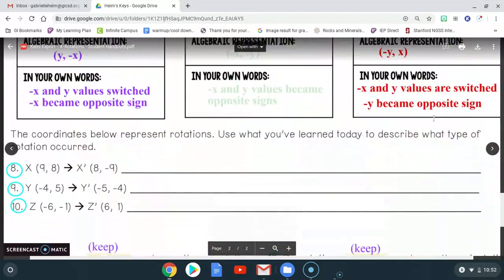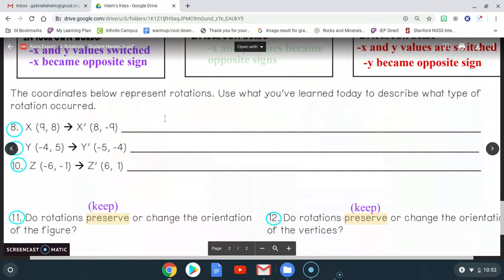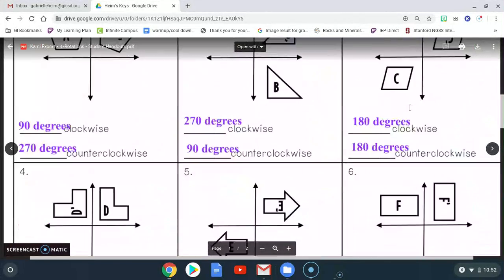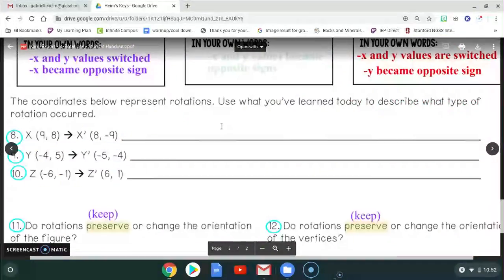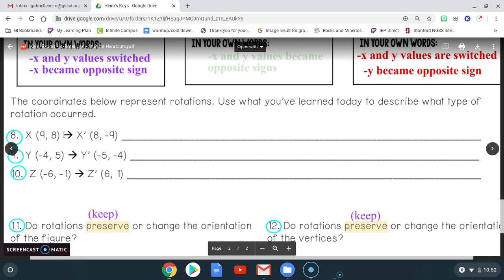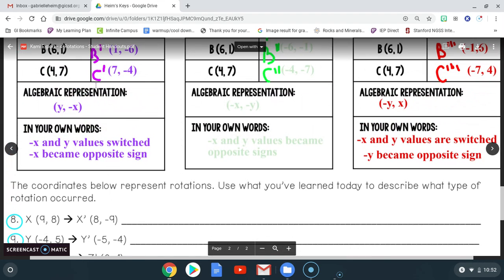And then down here, this is what you guys are going to be working on. So you're going to use the information that I just went over and this graph up here to help you. The coordinates below represent rotations. Use what you've learned today to describe what type of rotation occurred. So if it's going from 9, 8 to 8, negative 9, look here, which one did that?